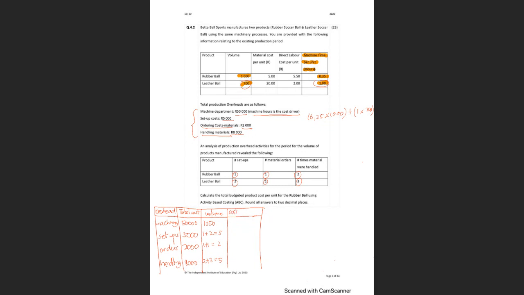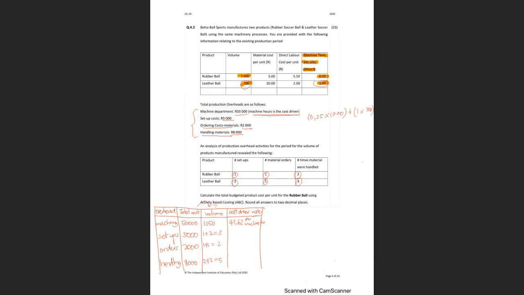Now to calculate the cost driver rate, you're going to take your total cost and divide it by the volume. So 50,000 divided by the 1,050 gives you an answer of 47.62 per machine hour, because this is based on machine hours. I'm going to say per machine hour, but you don't need to specifically say that.